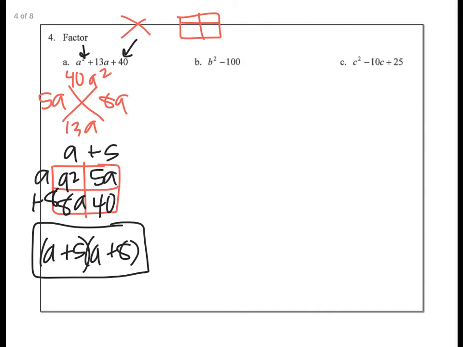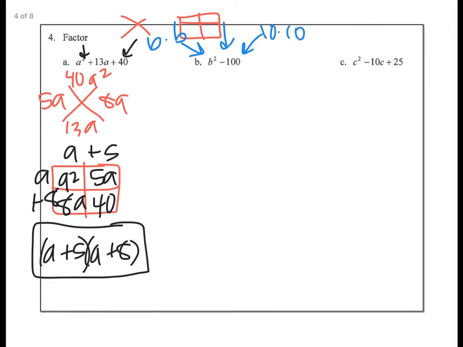Remember for dots that there's a few things we're checking for. First thing is that it's subtraction between your two terms, which in this case it passes that first check. The second thing we're checking for is that each of these terms is a perfect square. So can I multiply something by itself to get that term? Like b squared works because I can do b times b, and 100 is 10 times 10.